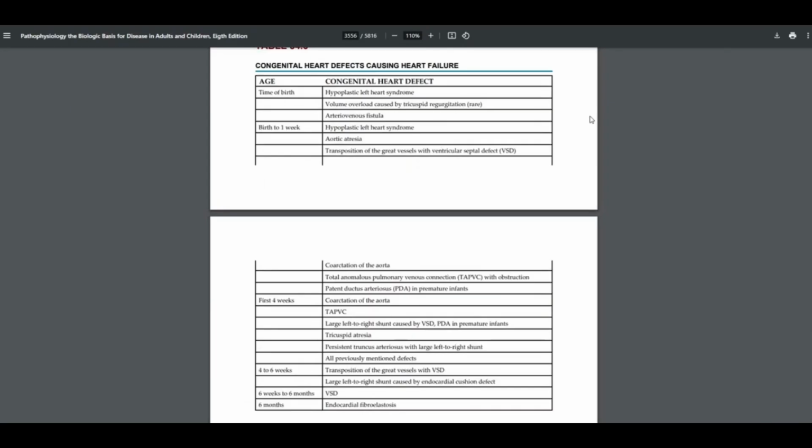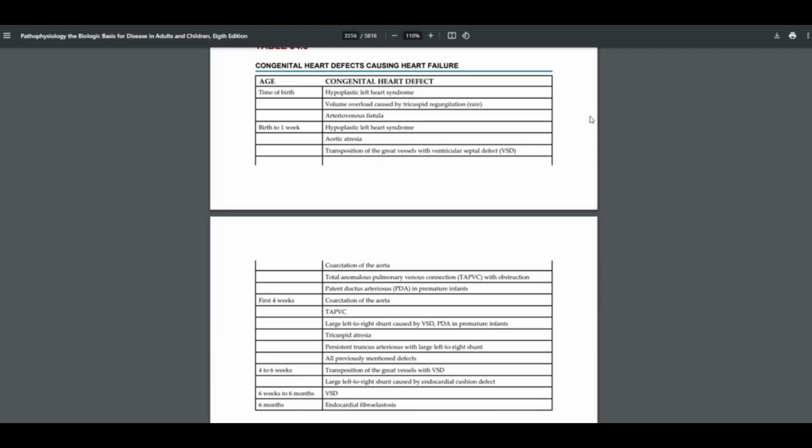From time of birth, there is hypoplastic left heart syndrome, volume overload caused by tricuspid regurgitation, which is rare, and arteriovenous fistulas. From birth to the first week, there is also hypoplastic left heart syndrome, aortic atresia, transposition of the great vessels with ventricular septal defect, coarctation of the aorta, total anomalous pulmonary venous connection with obstruction, and patent ductus arteriosus in premature infants.